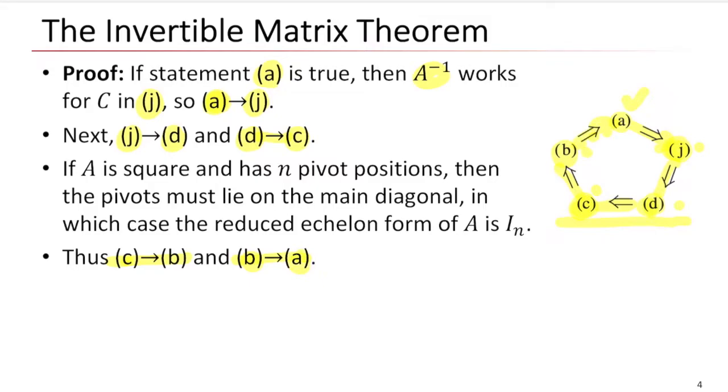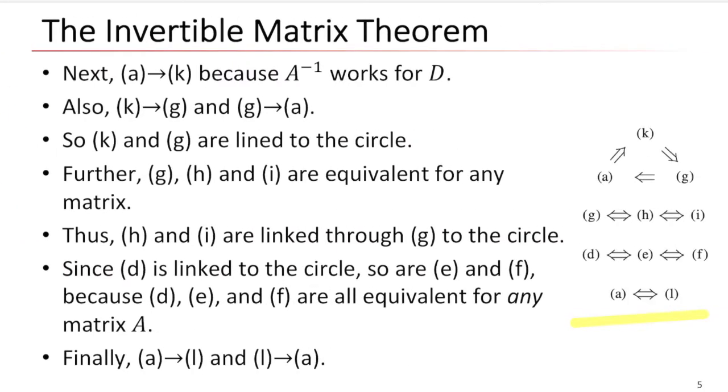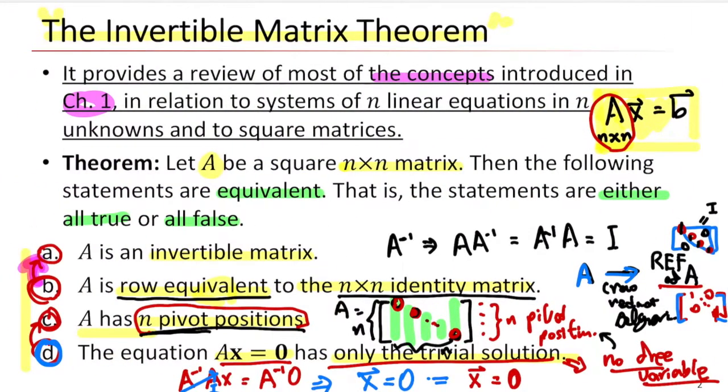So finally we make one circle, something like this. Okay, let's move on. Let's find the relationship from statement A to K. A means the matrix A is an invertible matrix.